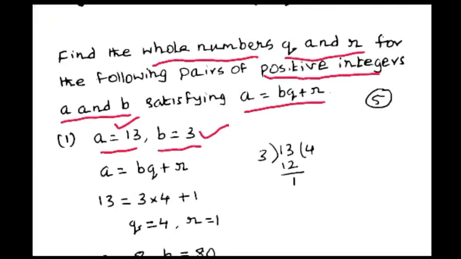So we have divided 13 by 3, we got remainder 1. 3 fours are 12. So 13 can be written as the product of 3 and 4 plus 1. Dividend equal to divisor multiplied by quotient plus remainder. Therefore, Q equal to 4 and R equal to 1.